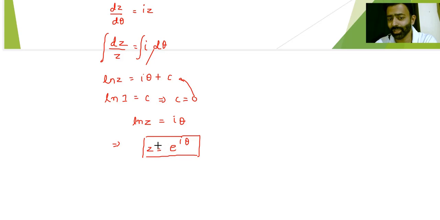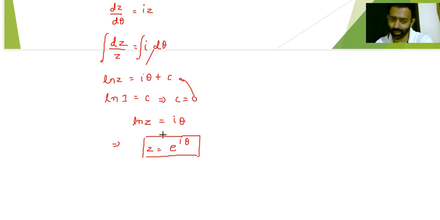Your original complex number, first you have a plus ib, right? You can convert this a plus ib into polar form, writing it in terms of r and cos theta plus i sin theta. And again you can write that polar form in exponent form, which is a shorter version of the polar form, and it is very easy to deal with. So z is just e raised to the power i theta, the exponent form of a complex number.